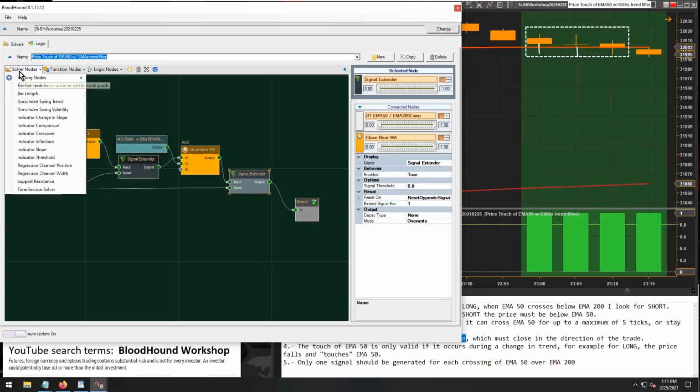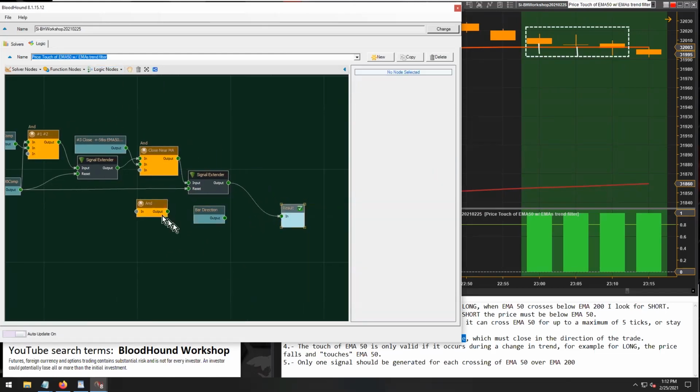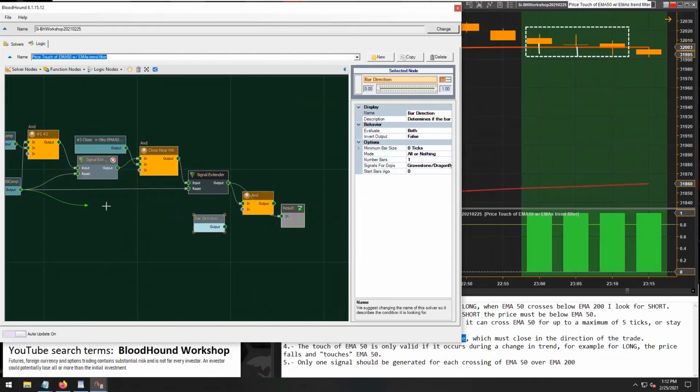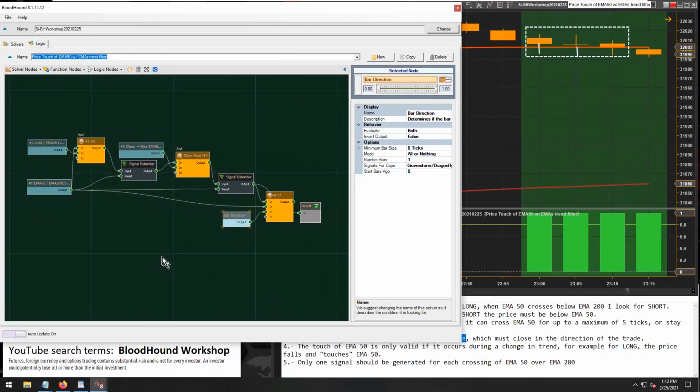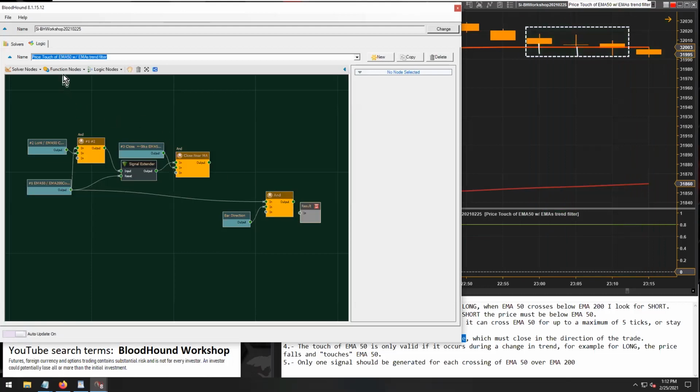And now we need a bar direction, with an AND node. Actually, now that I look at this logic here, this signal extender is overkill. So let's just use something a lot simpler.